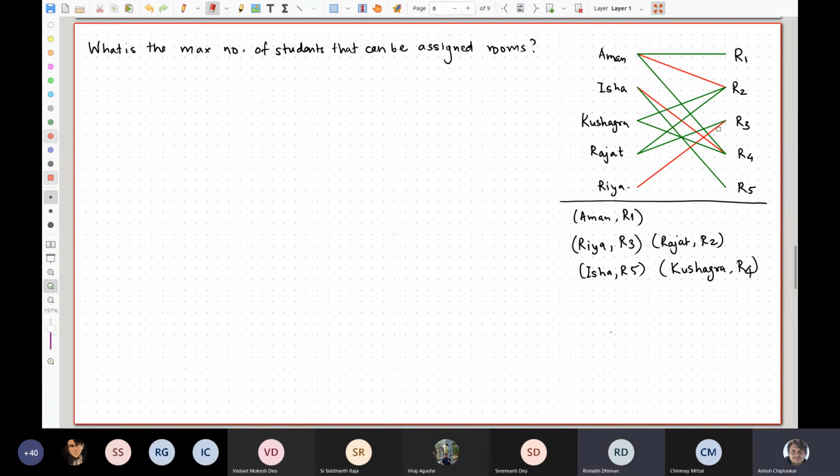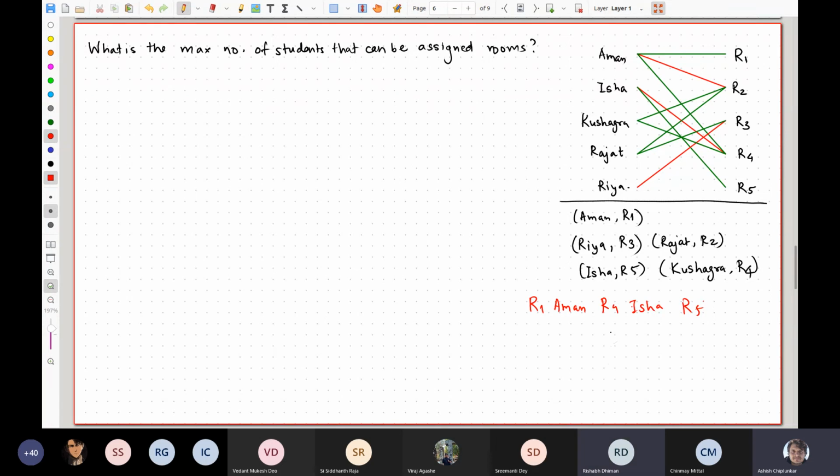So you consider the path R1 to Aman, to R4, to Isha, to R5. Then you flip all the edges.